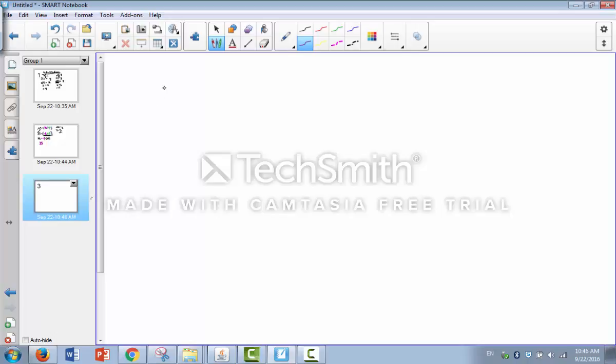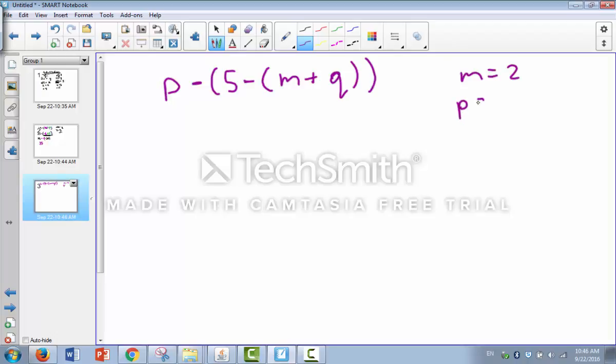Let's do a couple more variables. So p minus 5 minus m plus q, bracket, m equals 2, p equals 3, and q equals 4. First thing, let's sub these in. So I have a p here, and instead of p, I'm going to put 3.